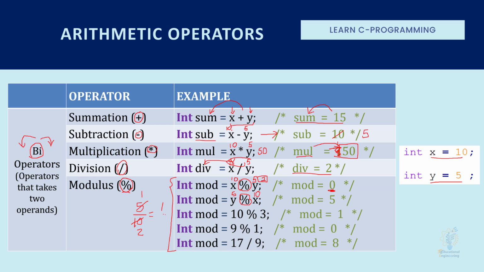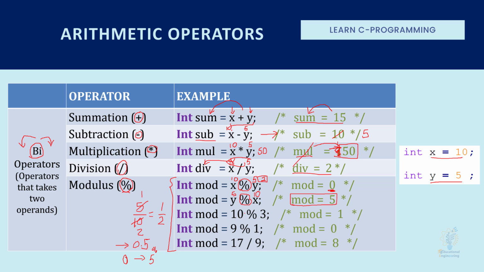So the final result will be 1 divided by 2, which is basically 0.5. So in this case, the final result will be 0, and the remainder of this will be 5. So the division value will be 0, and the remainder value will be 5. That's why you see the result here as it is here. As you can see, mod equals 5.